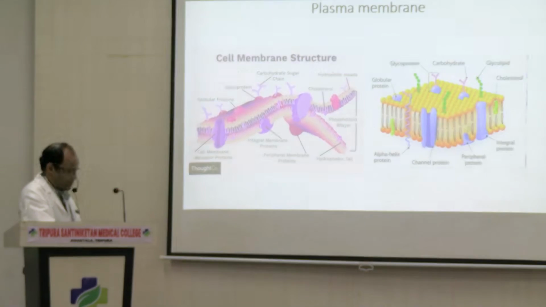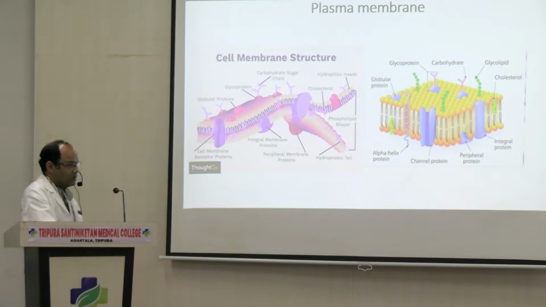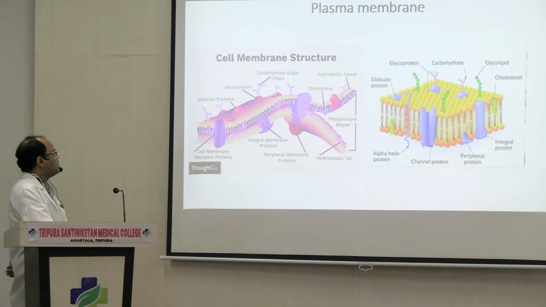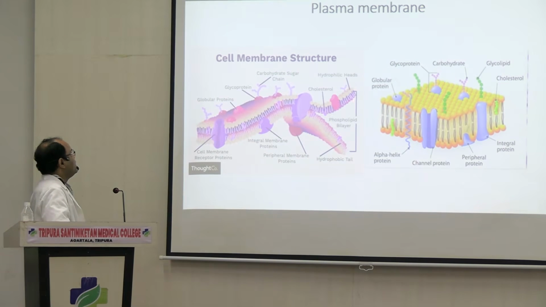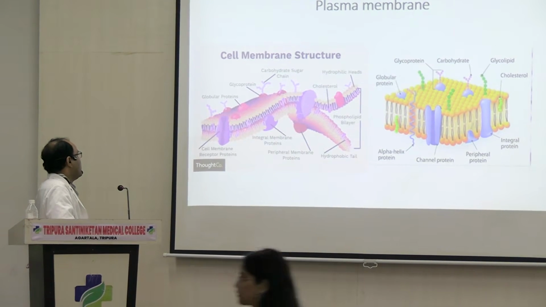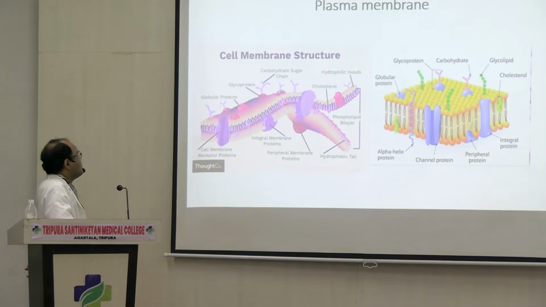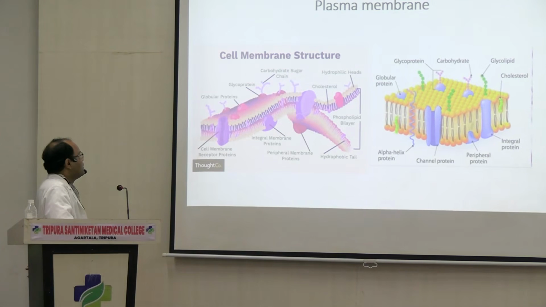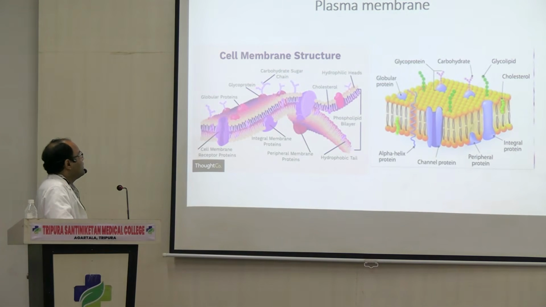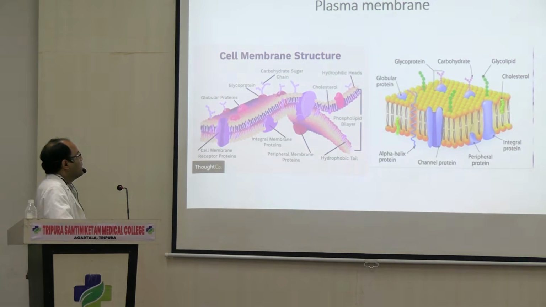What is fluid mosaic? This is the overall structure of cell membrane. You can see here, this is the cell bilayer. Okay, one layer, another layer, this is outside, this is inside. Here we have separated this layer. You can see here we have head and tail.